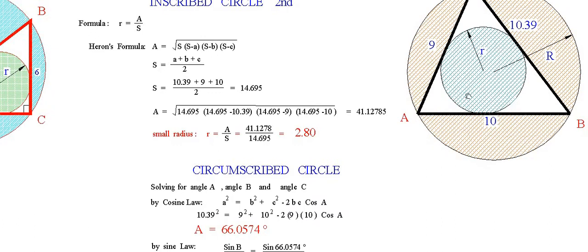So solving for the angle A by cosine law, A square equals B square plus C square, the squares of the two adjacent sides, minus twice the adjacent sides times cosine of A. Substitute 10.39 square equals 9 square plus 10 square minus 2 times 9 times 10 times cosine of angle A. Then solving for angle A, it is 66.0574 degrees.